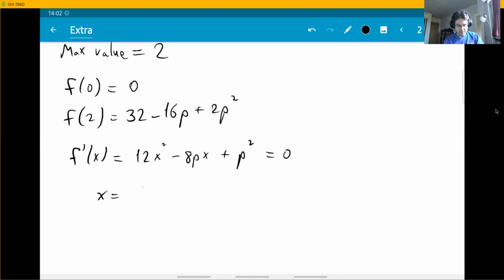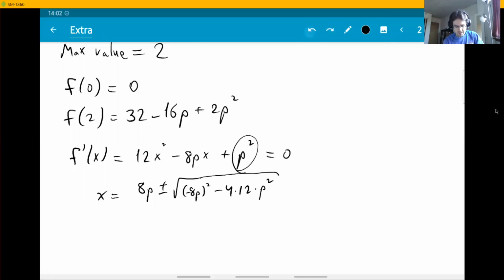x is equal to, so p is part of the coefficients of this equation, and x is the variable. For example, the thing that we usually call b is this minus 8p here. And you want to do minus b plus or minus the square root of b squared minus 4 times a times c, where c is p squared.